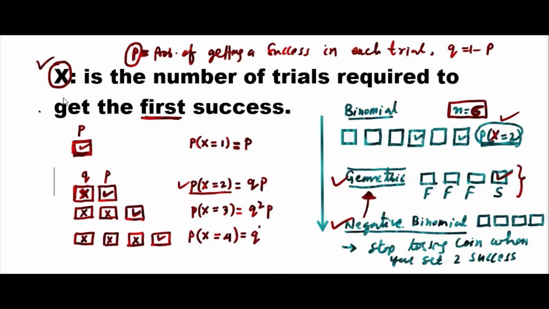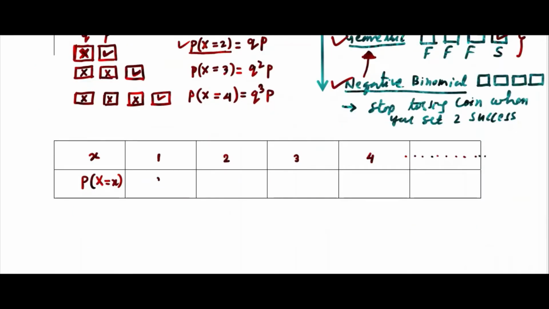Here 3 Q's followed by a P. Remember, always you have to end with P. You might not get success somewhere, but ultimately you will get success. So the first one was P, then following a failure, there is a chance of success.